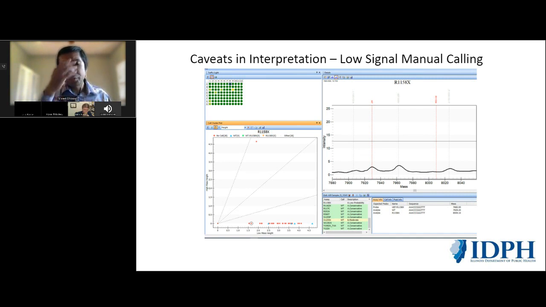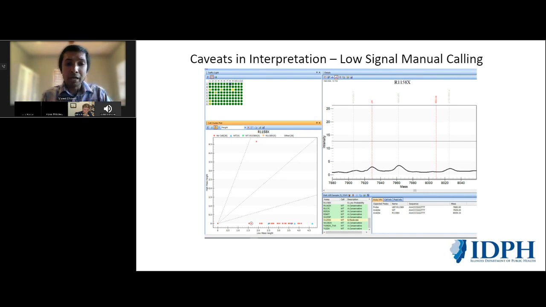What we found with some of these mutations is that regardless of how many times we repeat that specific specimen, we will consistently get these weak peaks. It's a clear peak, but it's just too weak for the baseline interpretive software to call.